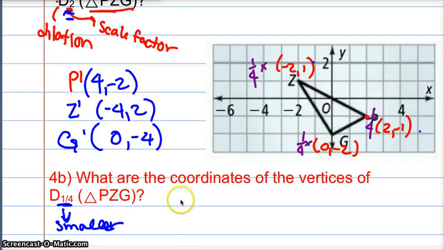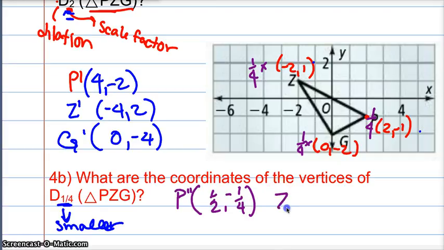Your calculator might be helpful for those of you who may not be strong at basic math. I'm going to call this P double prime, as I've already used P prime. So if I were to take coordinate of P and multiply it by 1/4, I'd be at 1/2, negative 1/4.